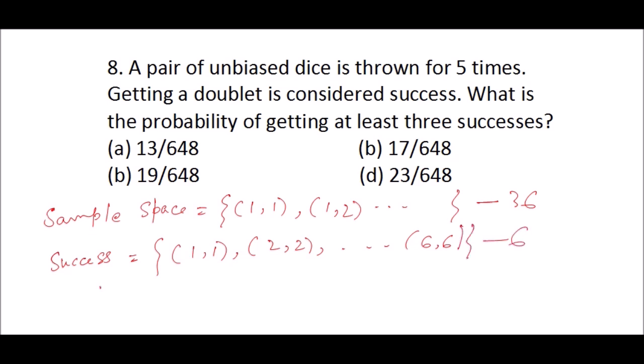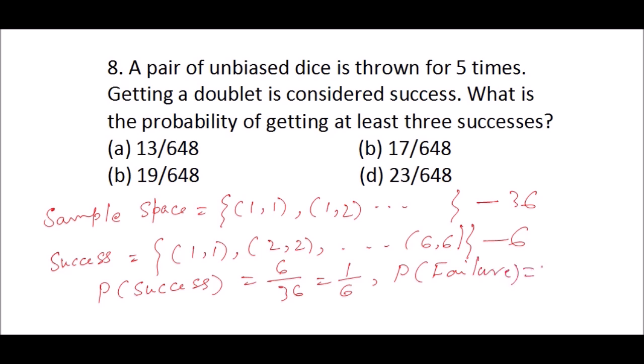Therefore, the probability of success is 6 by 36, and that is 1 by 6. And the probability of failure is 1 minus 1 by 6, therefore 5 by 6.